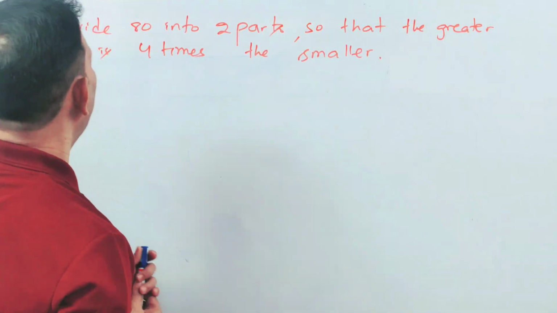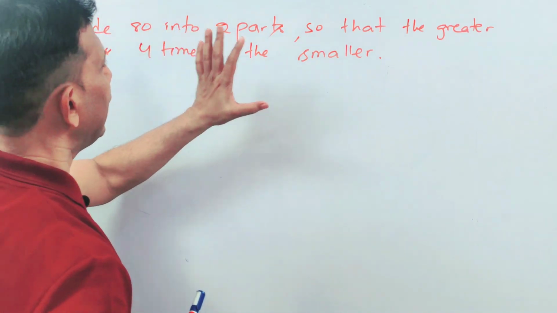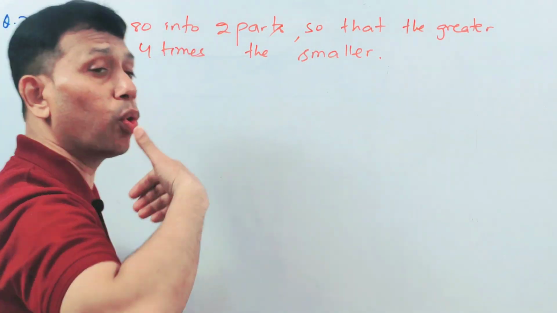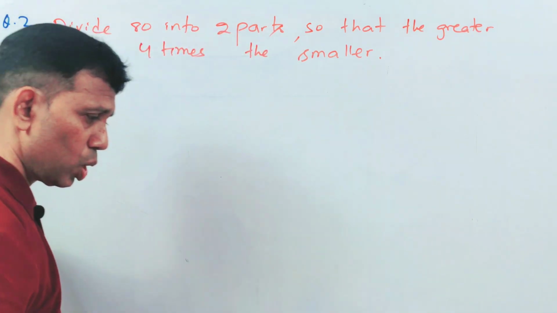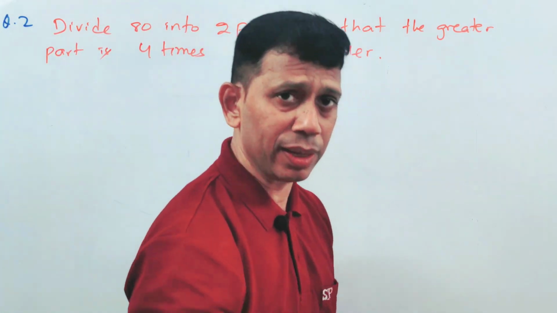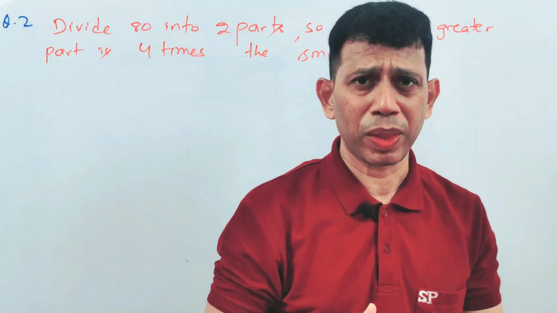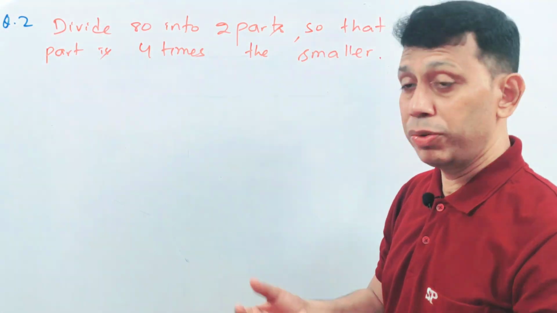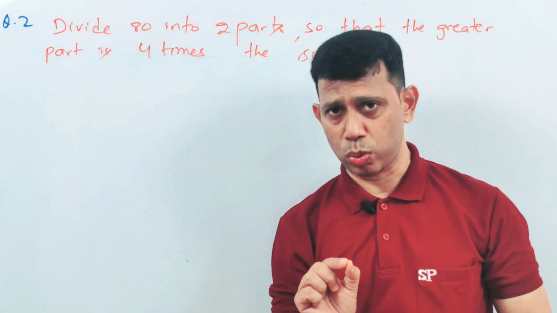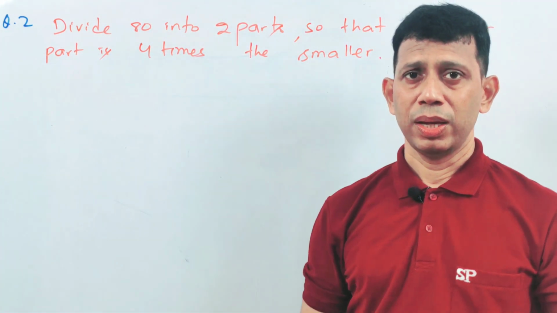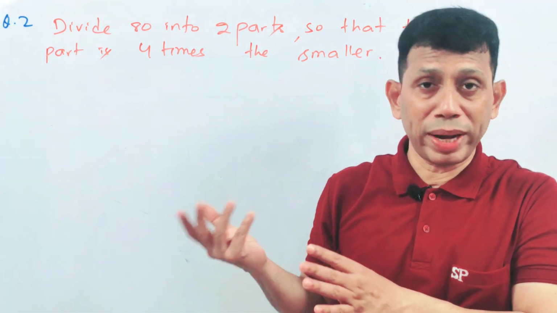So let us form. Divide 80 into two parts so that the greater part is 4 times the smaller. So let me take the smaller part as some variable, I don't know, and the greater part is what? If I take the smaller part x, suppose, the greater part will be 4 times x. 4 times the x means what? 4x.